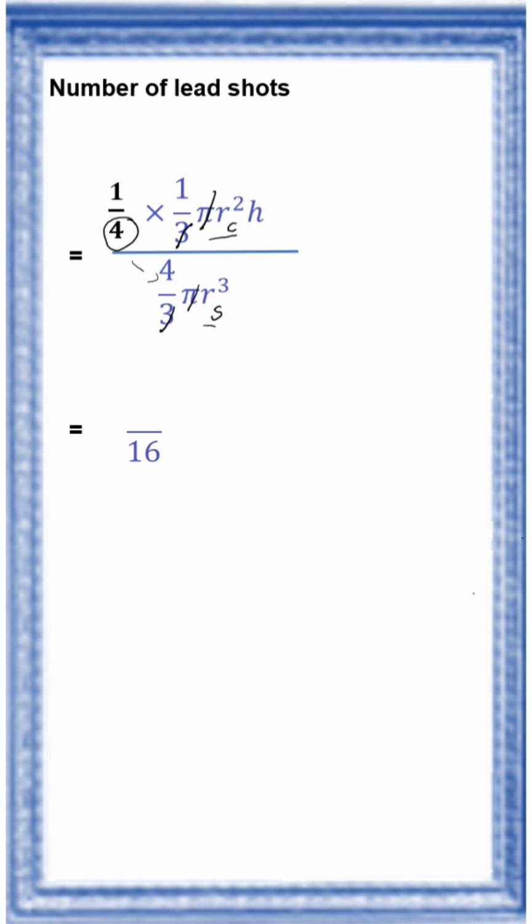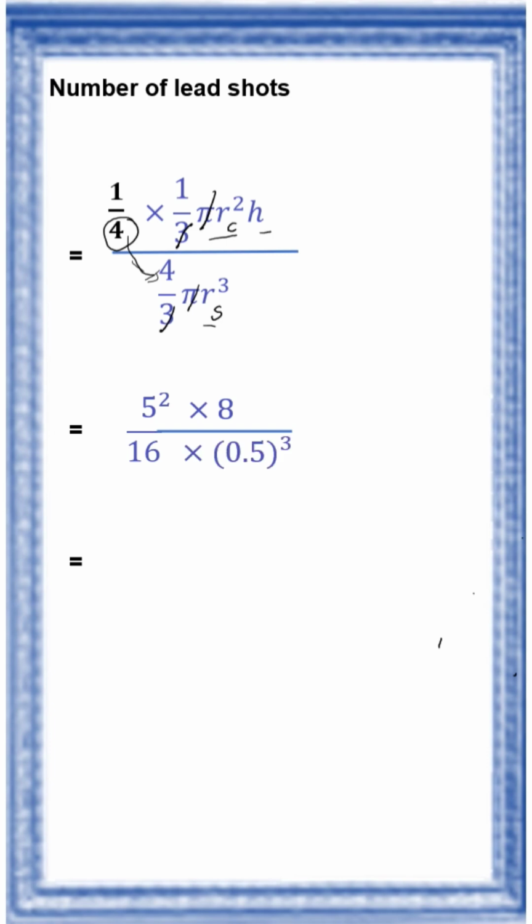I have already explained why it is 16. 4 goes to the numerator. 4 into 4, 16. Radius of the sphere square, that is 5 square. Height of the cone, that is 8. In the denominator, radius of the sphere cube. Radius of the sphere is 0.5 cube.